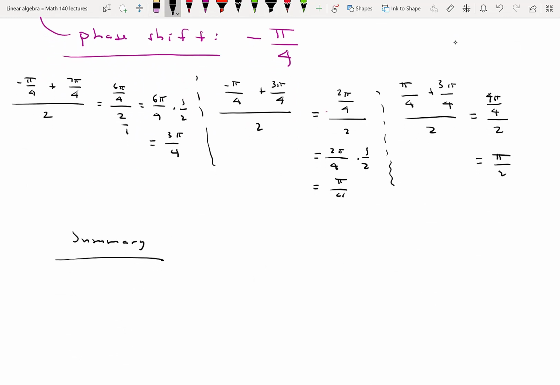Okay. So here's the general case. y is either going to be a sine or a cosine, so y equals A sine(omega x minus phi), or y equals A cosine(omega x minus phi).